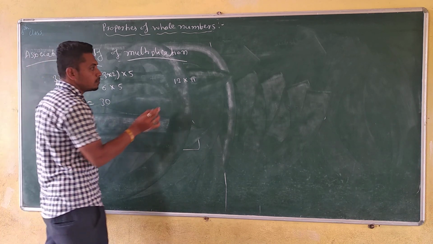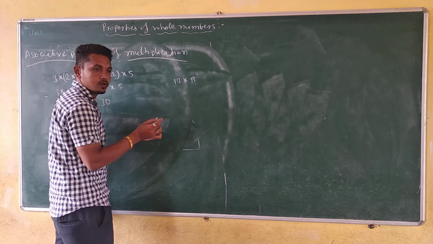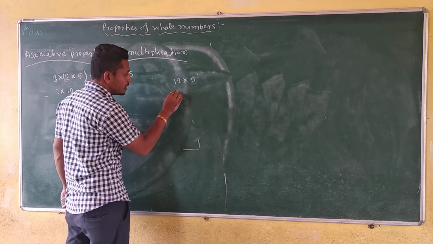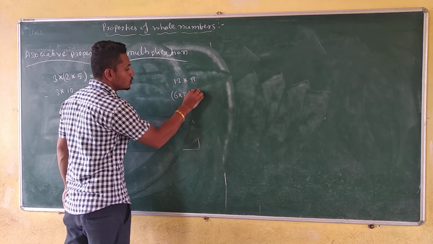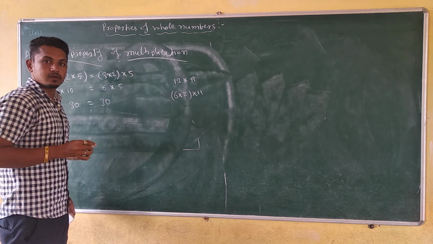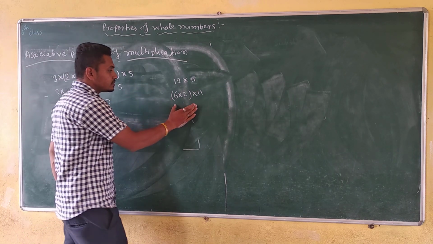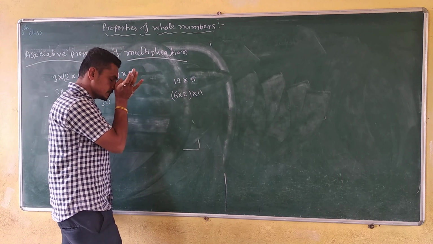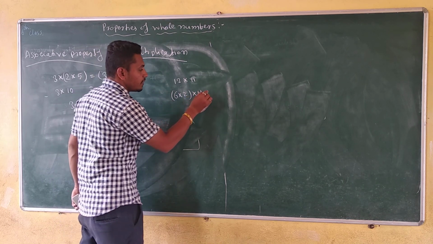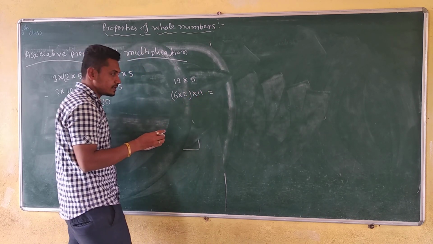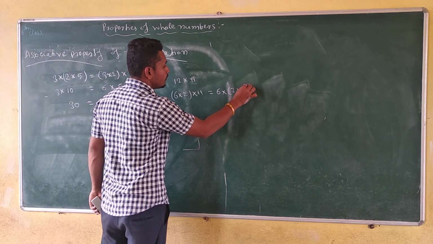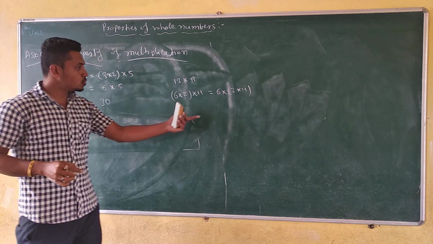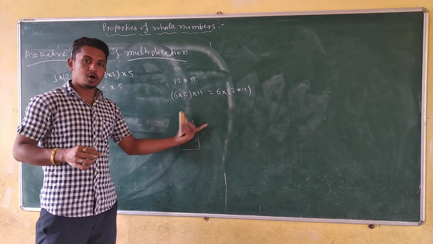First we split 12 as 6 into 2, so 6 into 2 into 11, or we can write it as 6 into the bracket 2 into 11. Now check whether these two values are the same or not.